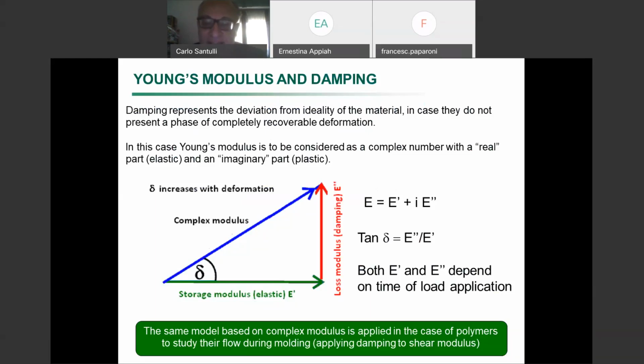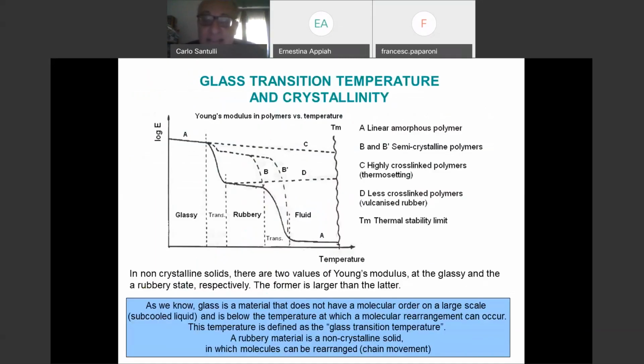And in fact, we define that ratio as tangent delta. The tangent delta grows as delta grows with deformation, since it is an angle between 0 and 90 degrees, of course. It increases with deformation, therefore tangent delta also increases with deformation. So the more deformation you have, the more time you have applied your load, the less elastic your material becomes. This is quite obvious.